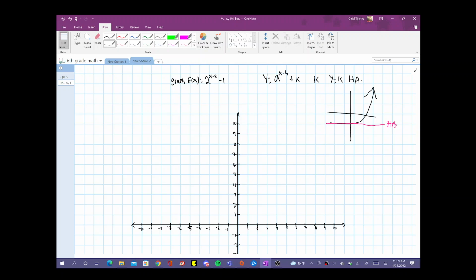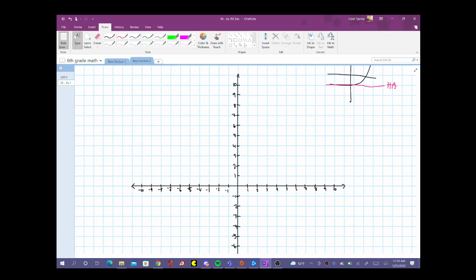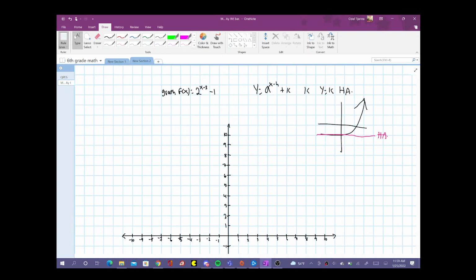So basically, we're going to go ahead and define. First we're going to label our horizontal asymptote, and then we're going to make a table of values to see where we can plot our points. So first of all, we know that k in this case is equal to -1.